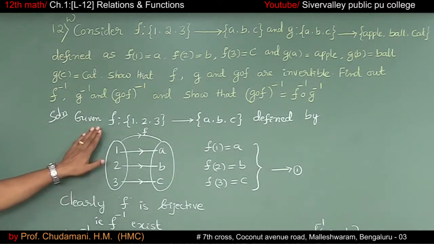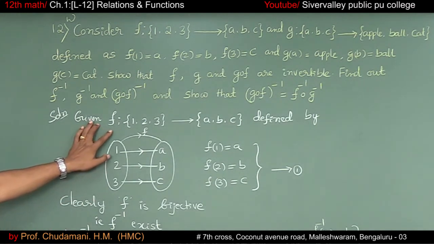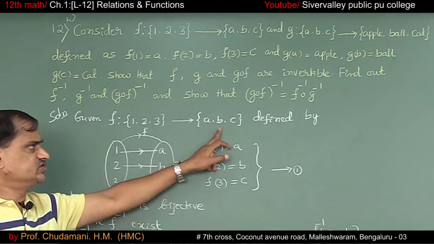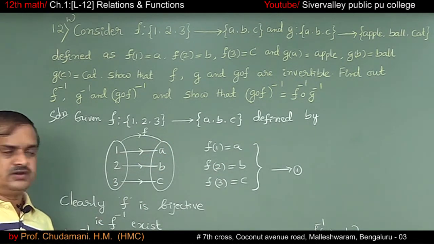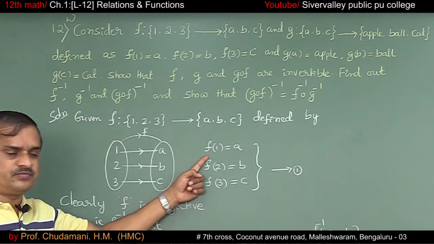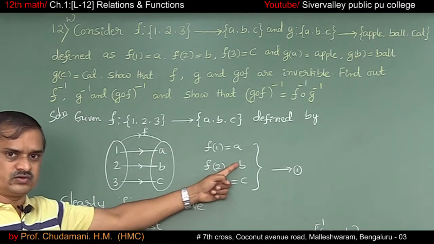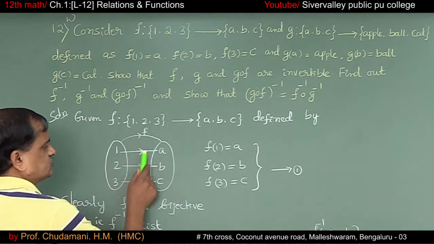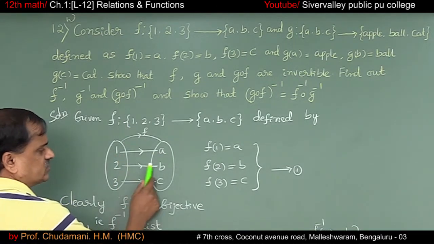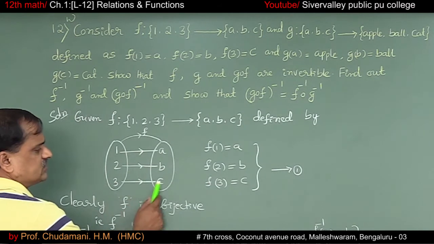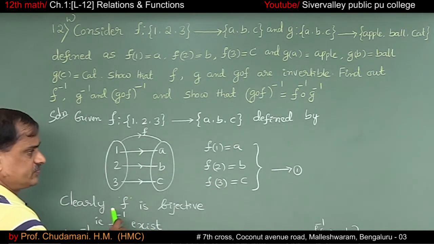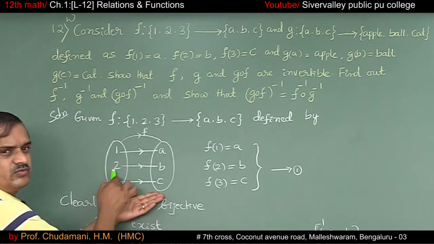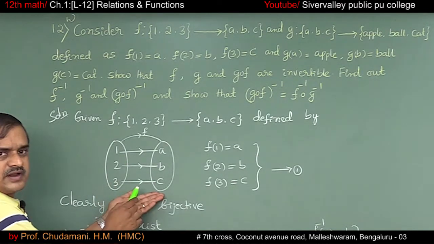Solution. Given the function f from the set {1, 2, 3} to the set {A, B, C}, defined like this: f of 1 equals A, f of 2 equals B, f of 3 equals C. That means 1 is associated to A, 2 to B, 3 to C. Clearly it is a 1-1 function, right?